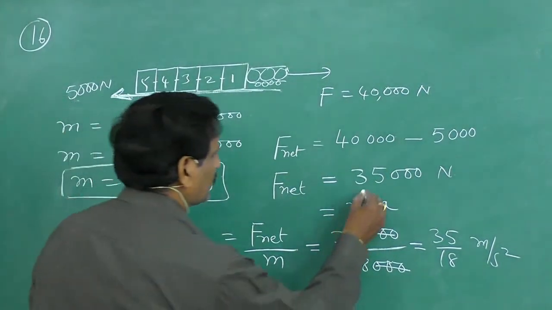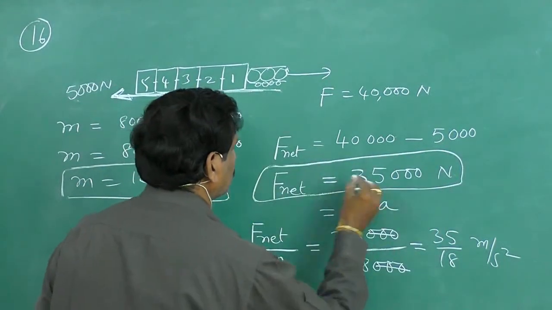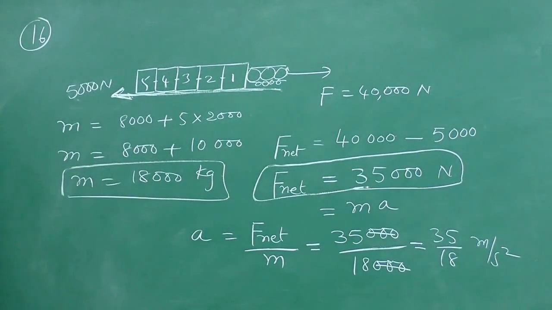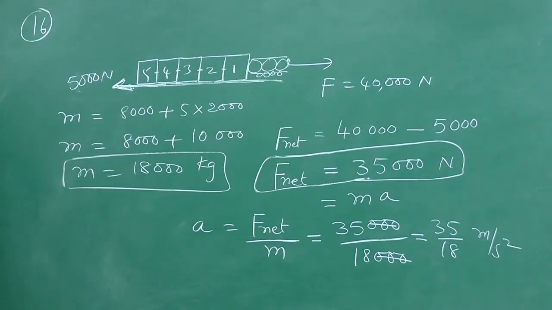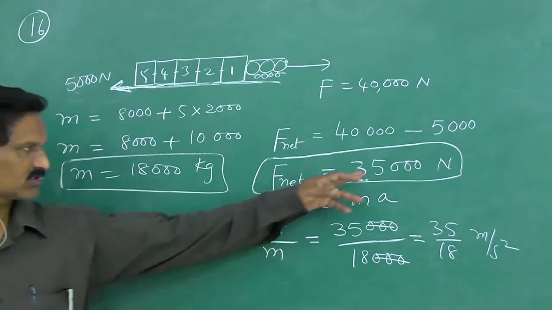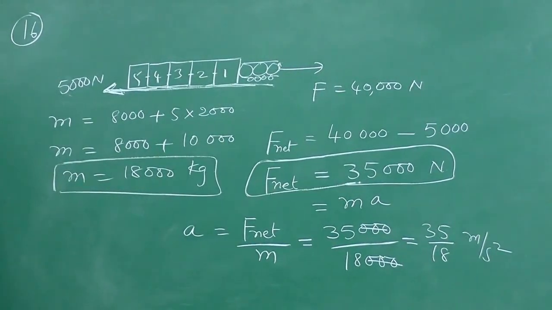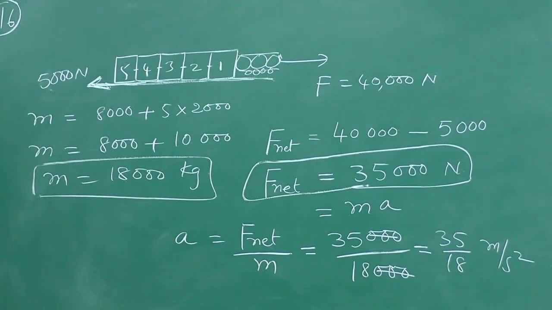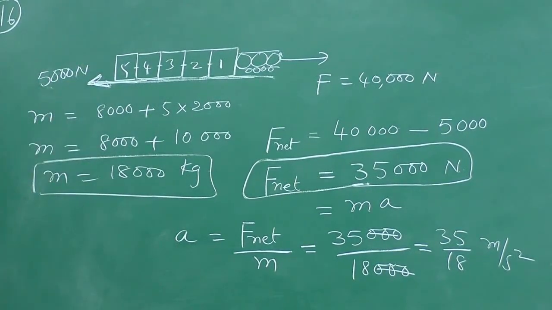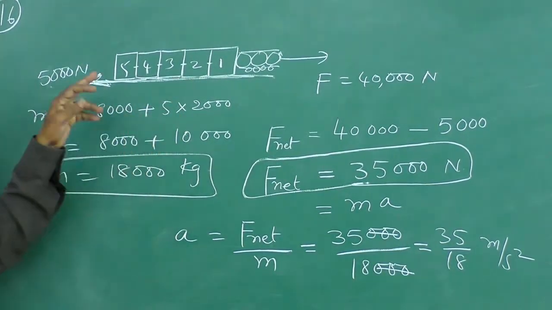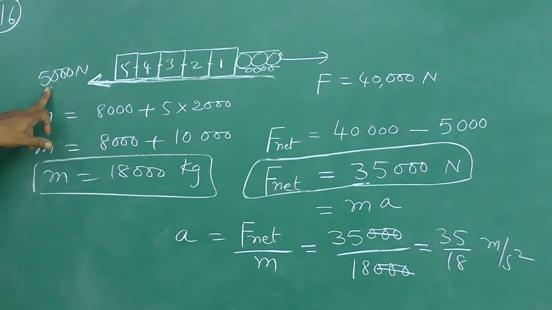The accelerating force is 35,000 Newton. This is the net force acting on the system which causes acceleration. The force exerted by the engine is 40,000 Newton, but here the frictional force is acting which opposes the motion, given as 5,000 Newton.